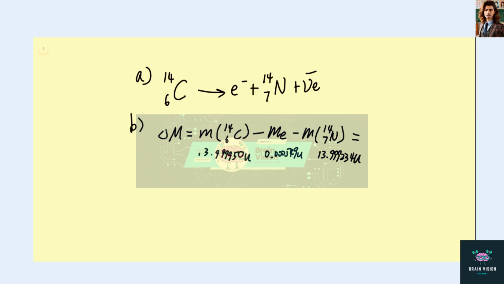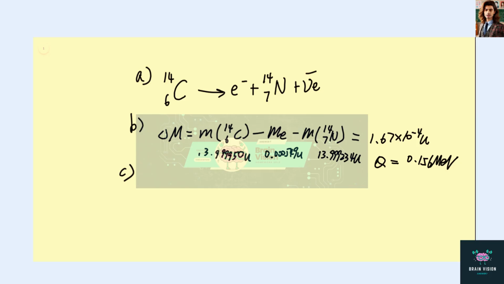And then together this will give us 1.67 times 10 to the negative 4 u. And then this amount of mass has an energy equivalent Q of 0.156 MeV. So this is the amount of energy that is released.